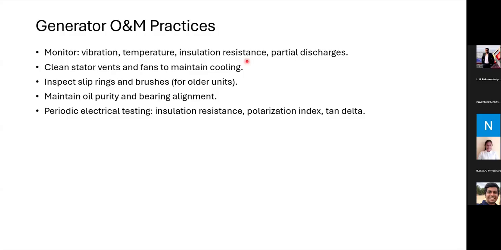So as a safety measure, we periodically make this IR measurement to detect the variation of insulation resistance. If it deteriorates beyond a certain level, we have to take necessary action, maybe change the insulation, or do an overhaul of the generator completely.